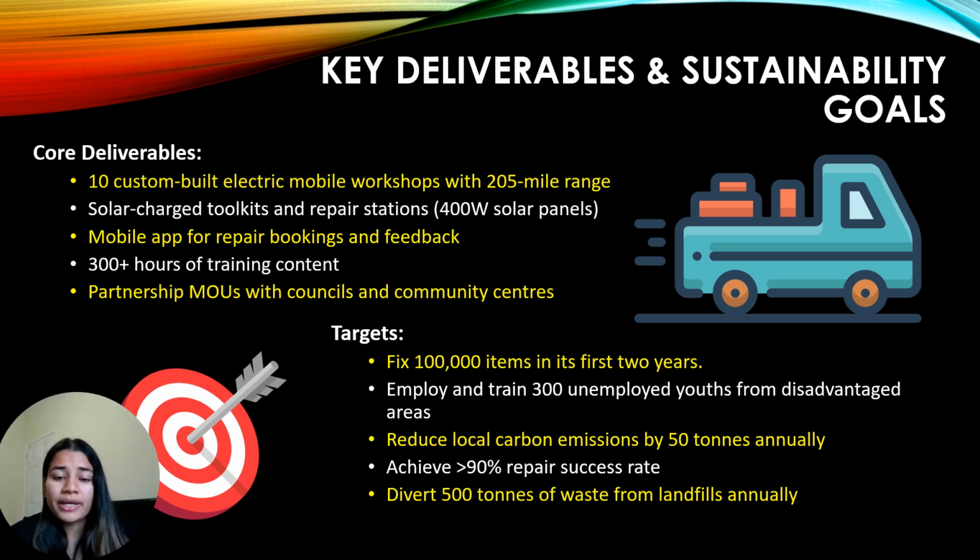The project has to meet the environmental and social positive impact improvement, which is expressed in our ambitious goal to repair 100,000 items and train 300 youths. These are quantified targets and in line with the circular economy and with the commitments of the UK to reach net zero. Now I would like to move on to my next slide.